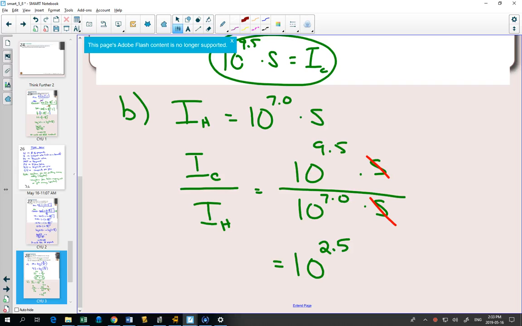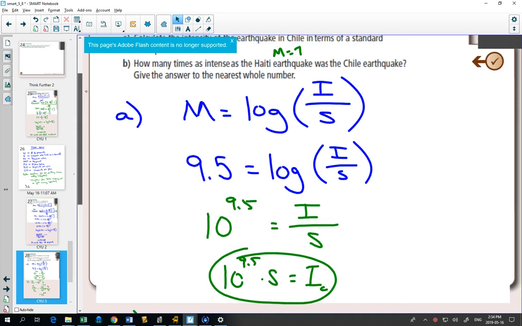However, you will need to use the formula if you're solving pH scale questions or decibel questions. In those situations, you need to know how to solve a log equation. And solving a log equation means you have to get a single log and then use the definition to change to exponential form. That's the key thing.